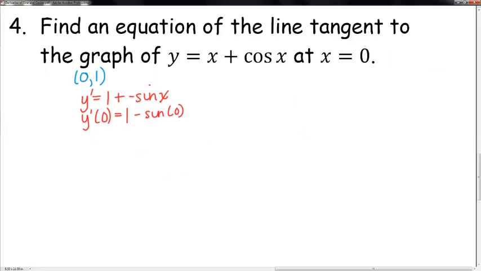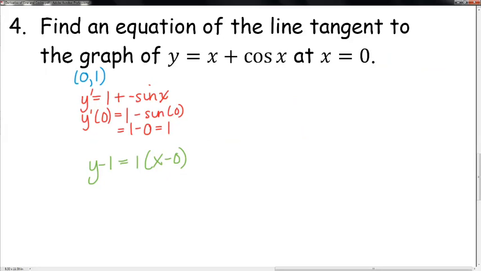Well, sine of 0 is 0, so this is equal to 1. So as I write my tangent line, I have y minus 1 is equal to 1 times x minus 0. And you don't have to worry about simplifying.